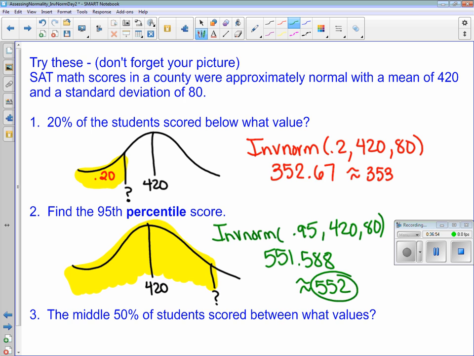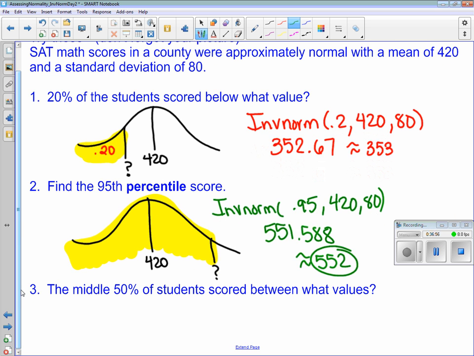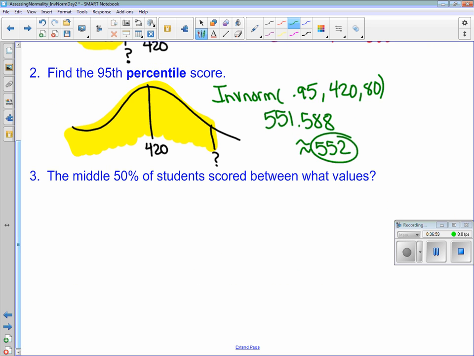Okay. All right, let's look at this last question. Draw the picture. Middle 50%. If we're thinking about a box and whisker plot, the middle 50% is just the numbers Q1, Q3, isn't it?